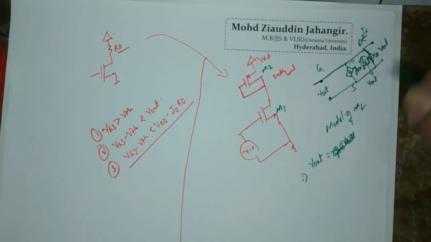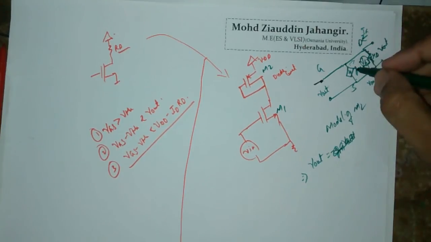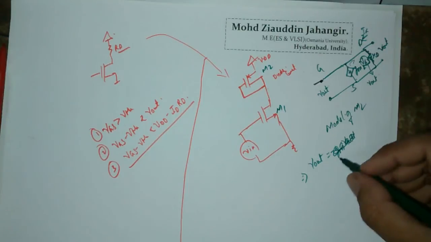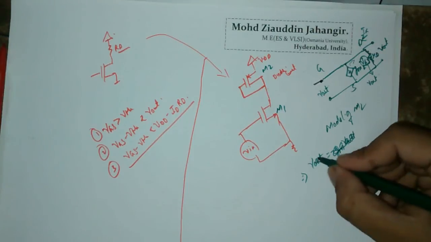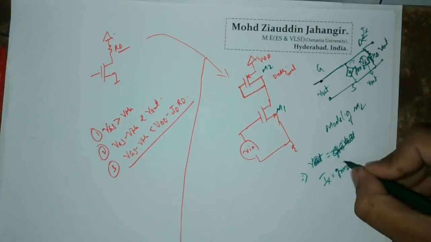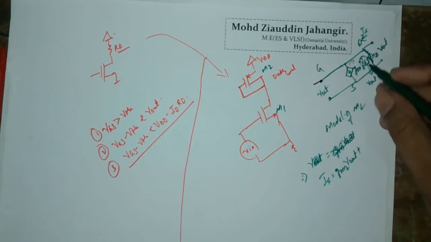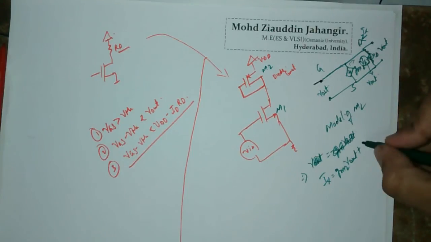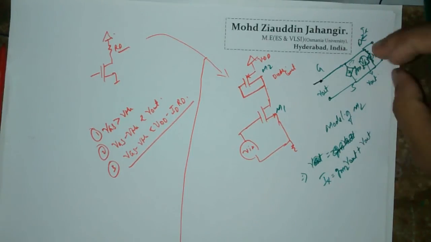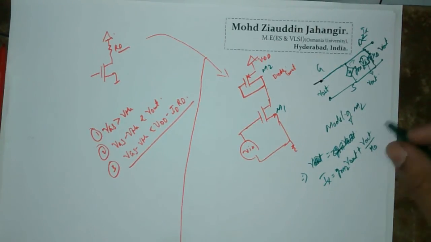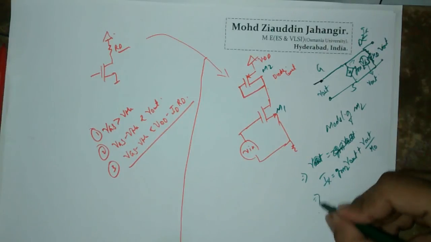This current Ix gets distributed between this current and the current through this R0. So this total current Ix will be given by this current GM2 into Vout plus the current through this R0 resistor. What will be the current through this R0 resistor? R0 is having a voltage drop Vout across it, so Vout by R0 is going to give you the current through it.